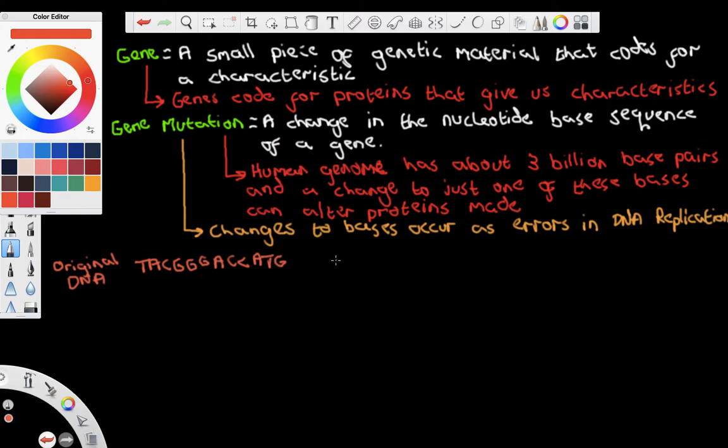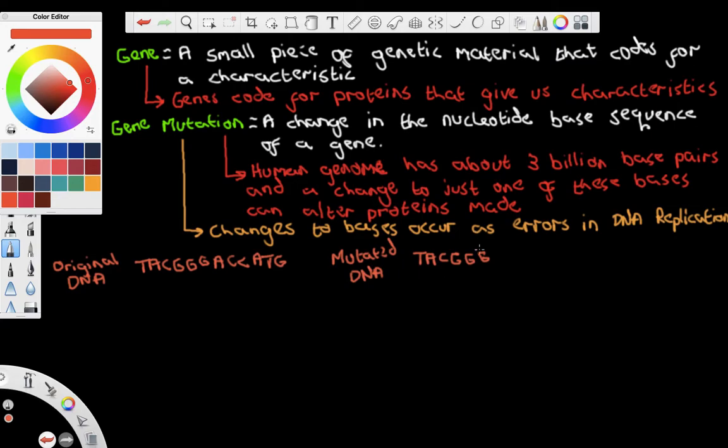Now, if we've got a mutated piece of DNA, we're going to change one of these. So we're still going to start with TAC. We're then going to have CGG, GGG as we had as normal.